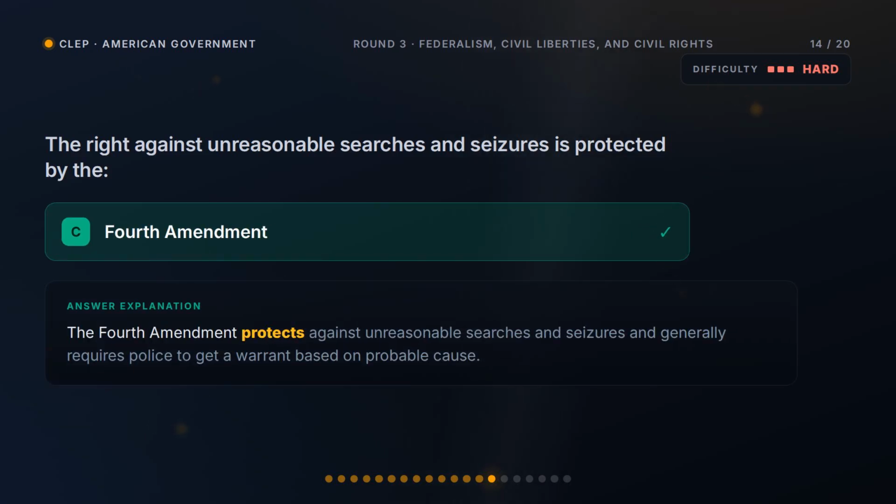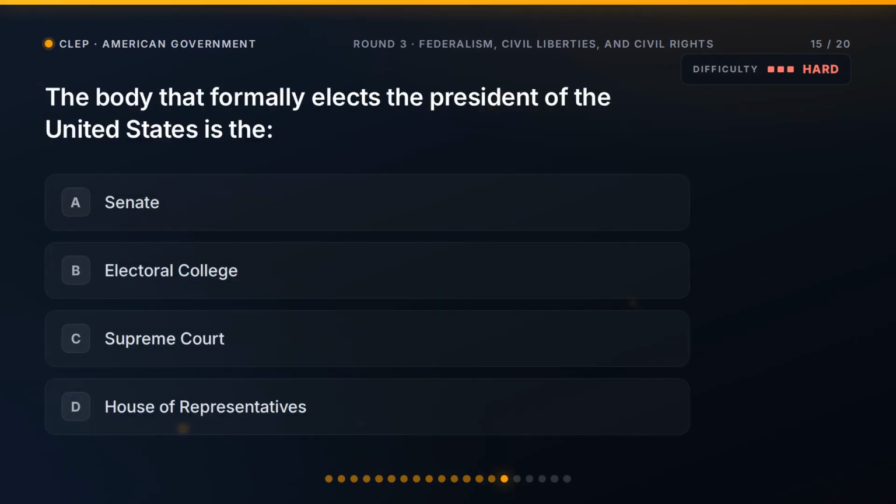The Fourth Amendment protects against unreasonable searches and seizures, and generally requires police to get a warrant based on probable cause.